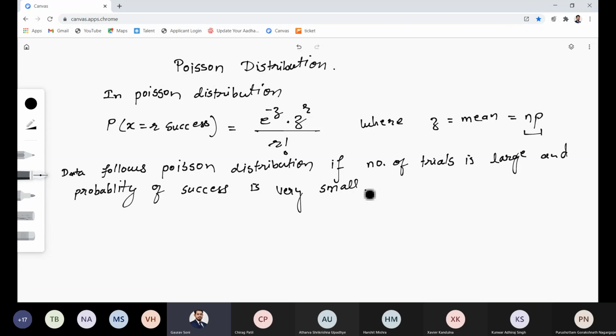We decide it by looking at the number of trials, the value of n, and the probability of success. If the number of trials is small and the probability of success is not very small, then we can go for binomial. If the number of trials is very large and the probability of success is very small, then the data will follow the Poisson distribution.